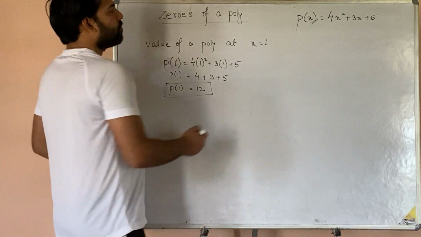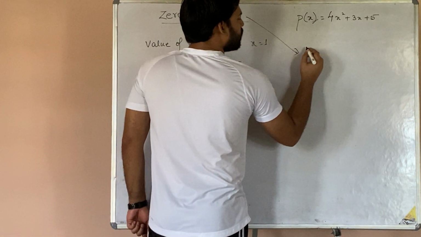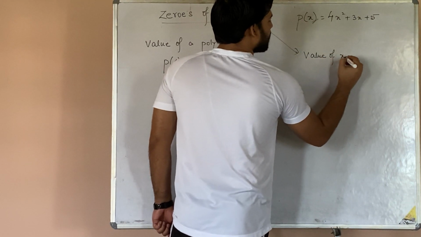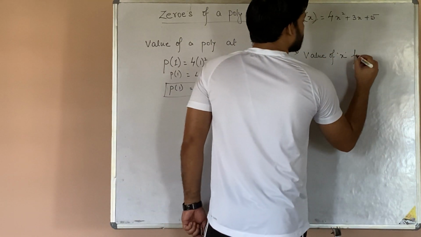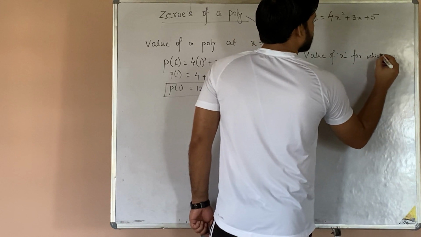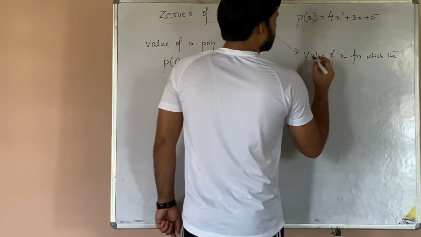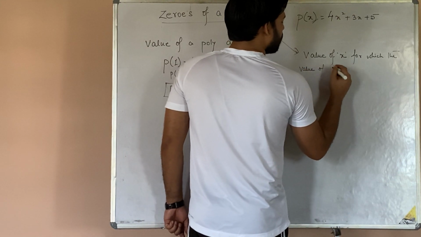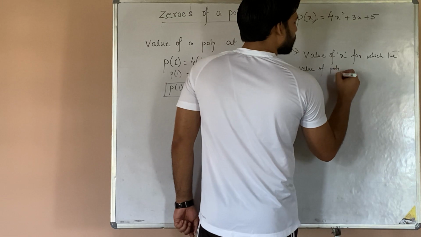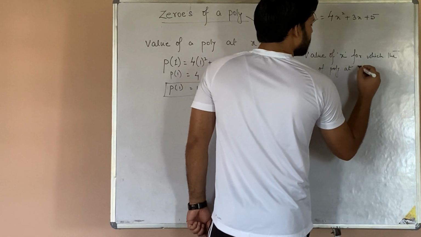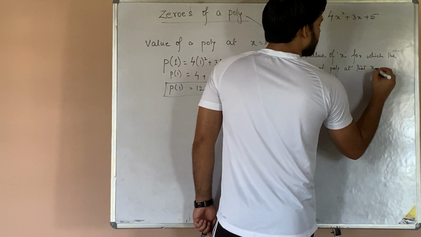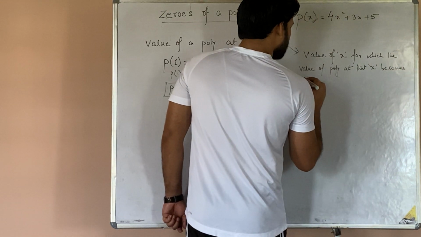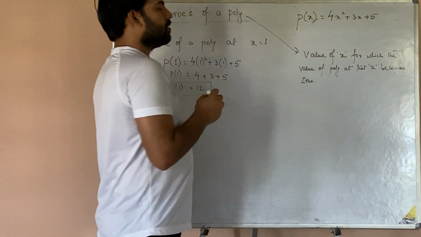I am again saying, zero of a polynomial is basically the value of x for which the value of the polynomial at that x becomes 0.